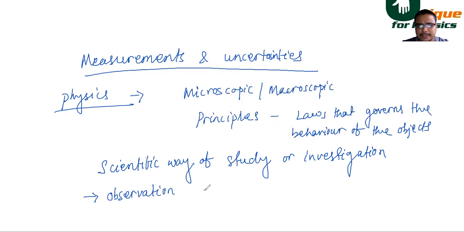Then identify the variables, the physical quantities that are going to affect this phenomenon or the event. You need to identify those physical quantities, and then see what your dependent variable is, what your independent variable is, what the control variables and parameters are.